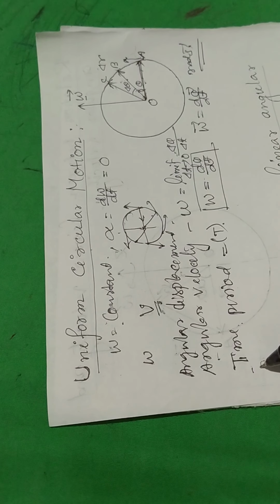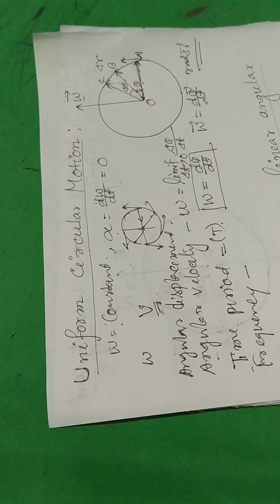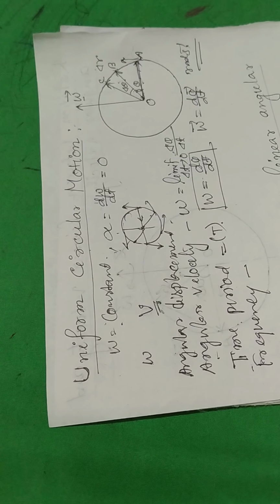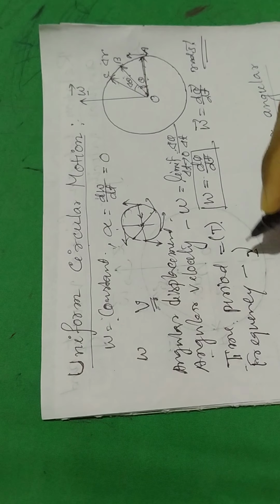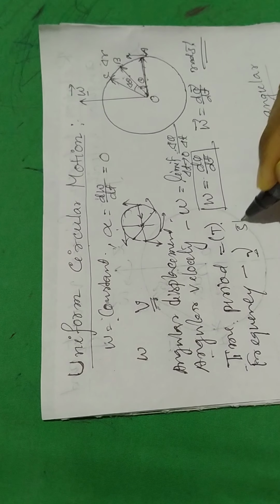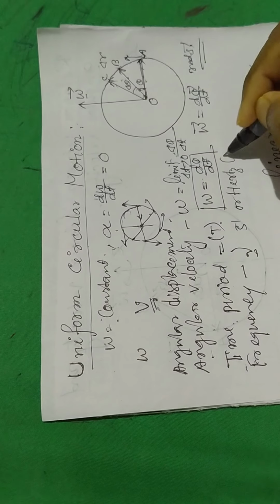And frequency: the number of revolutions completed by an object in 1 second is called frequency. It is denoted by nu. The SI unit is per second, or its special name is hertz, Hz.